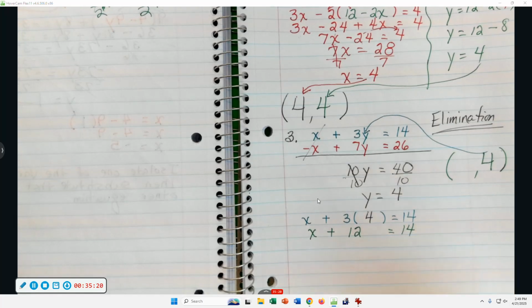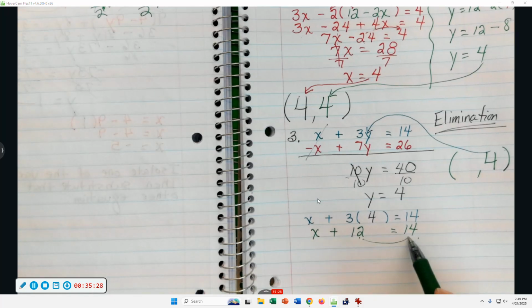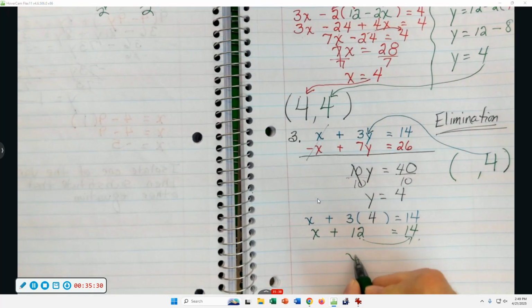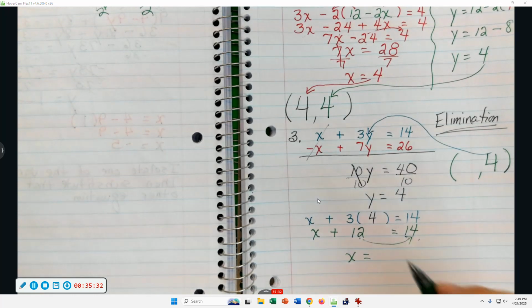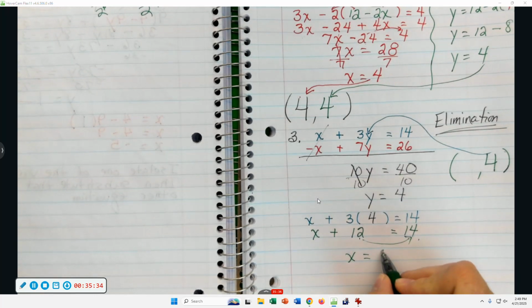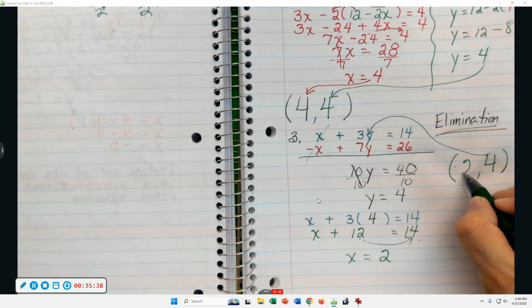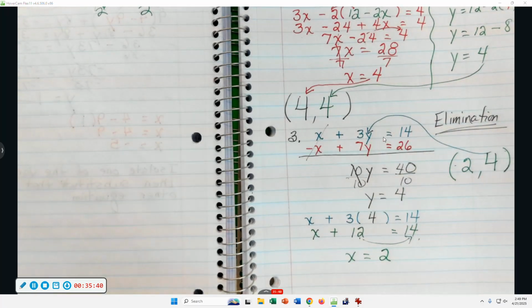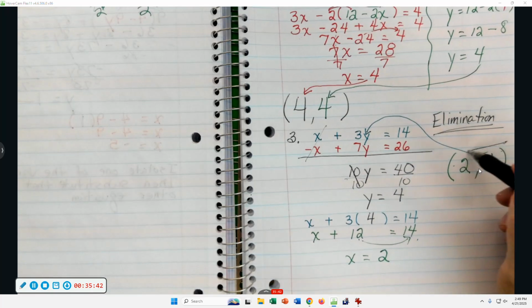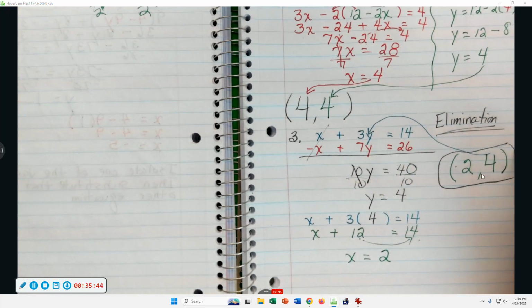It's 12. What would we do then? Subtract the 12. So x equals, say it again. 2. So now we know if we were to graph these lines, they would intersect at the ordered pair 2, 4.